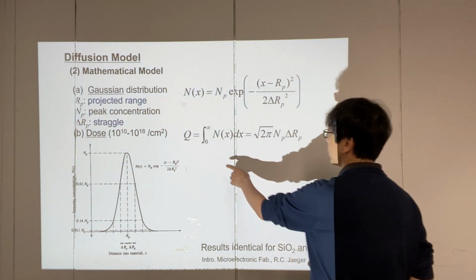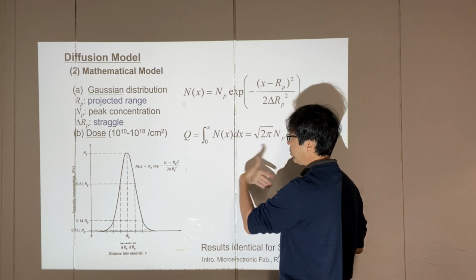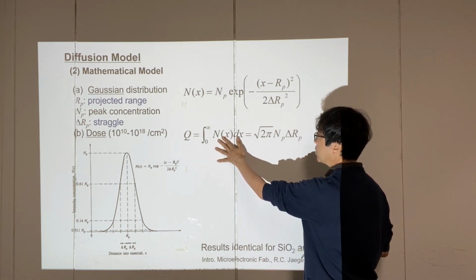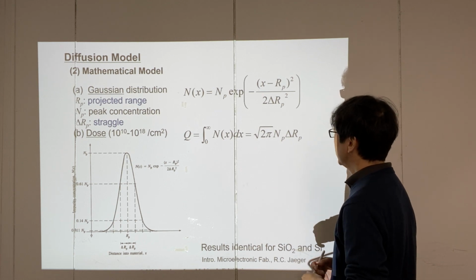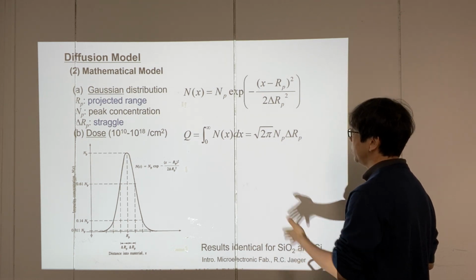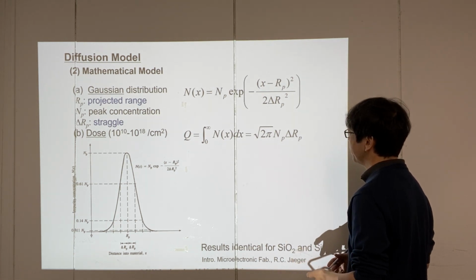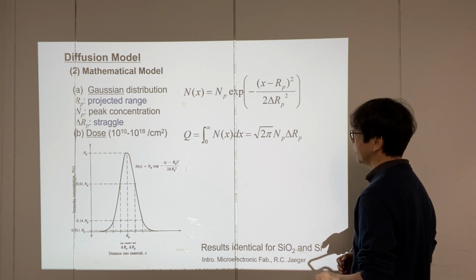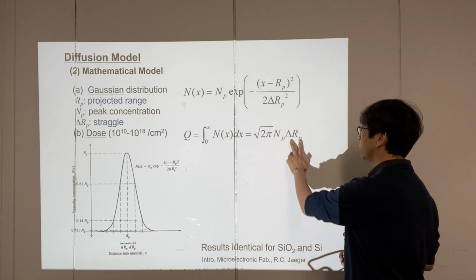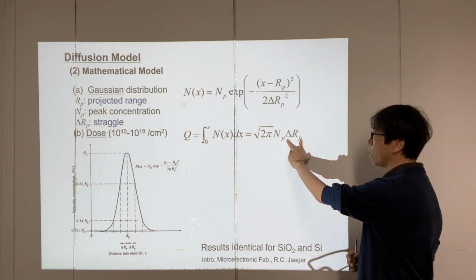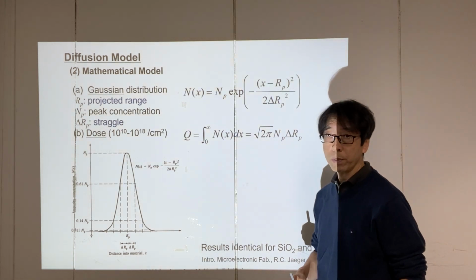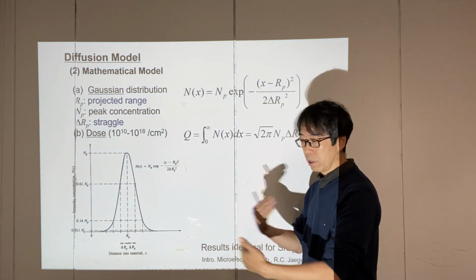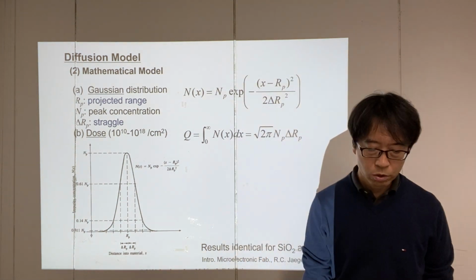So you integrate from the surface into the body of silicon over the whole doping, and you obtain this dose: square root of 2 pi times NP, the maximum doping concentration, times delta RP. Look, the larger the delta RP, the more doping dose you will have, which makes sense because you provide more distribution.